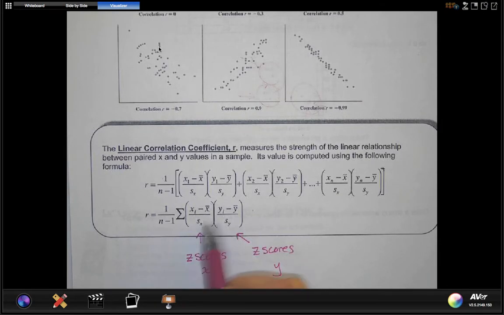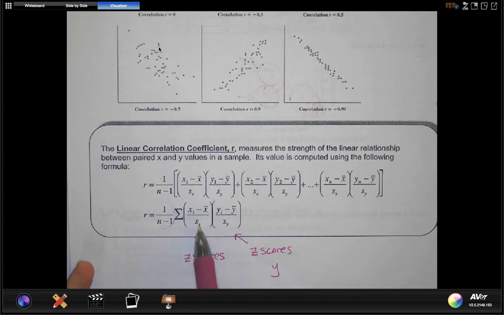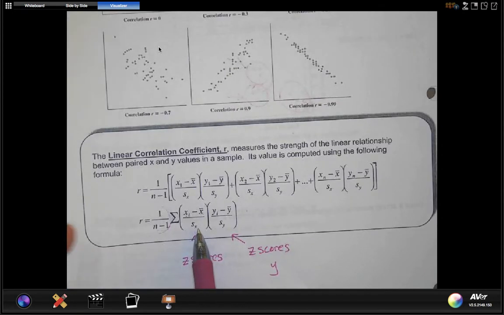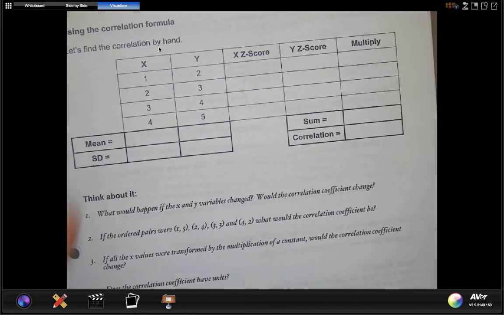And we're multiplying those together, adding them all up, and taking an average there, okay? If these values were close to the mean, this number would be small, so then the correlation would be small.